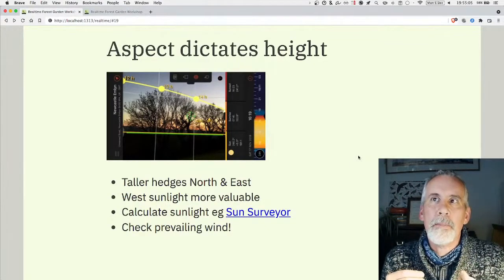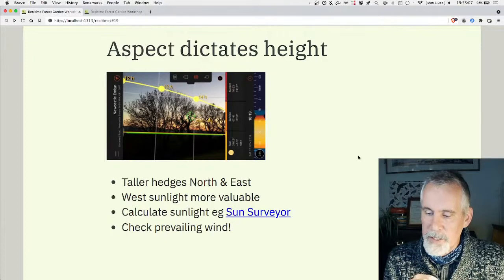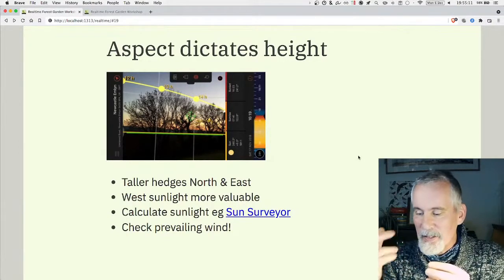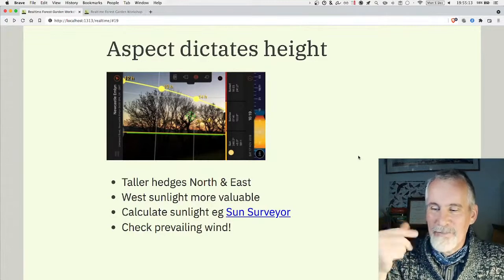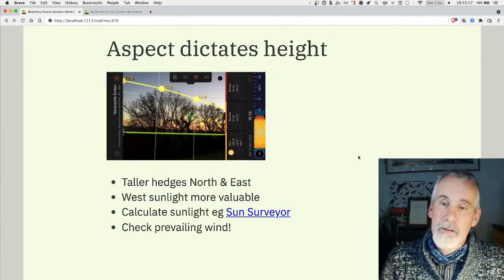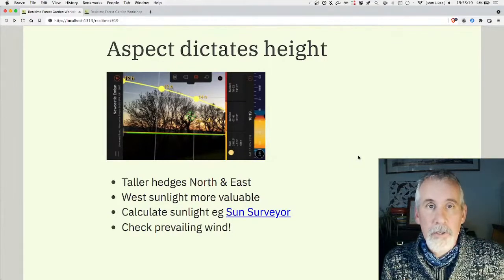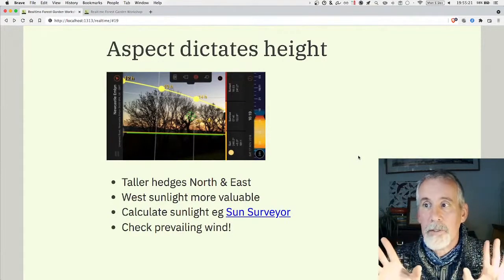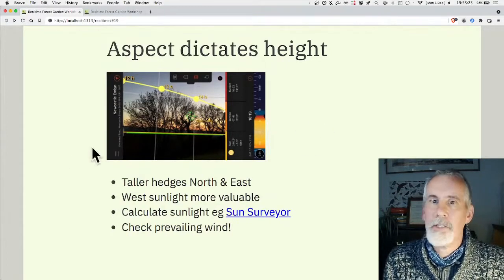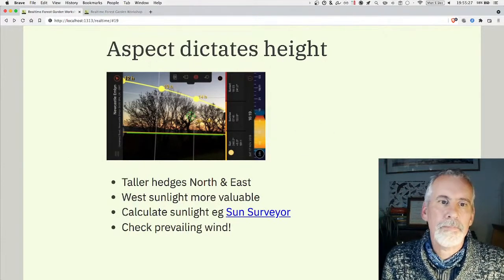The stomata, the little holes in the leaves which do the photosynthesizing, open up, and there is more photosynthesis in afternoon sun. So generally afternoon sun is more valuable. You can calculate this using this app, Sun Surveyor, and then check the prevailing wind as well.